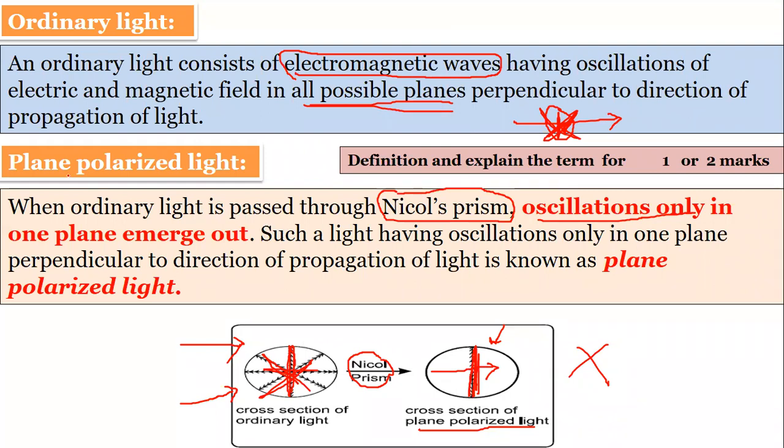Only write the definition. Then you understand ordinary light and plane polarized light. What is the difference? Only the oscillations of electric and magnetic field: in all possible directions in ordinary light, and in only one plane in plane polarized light.